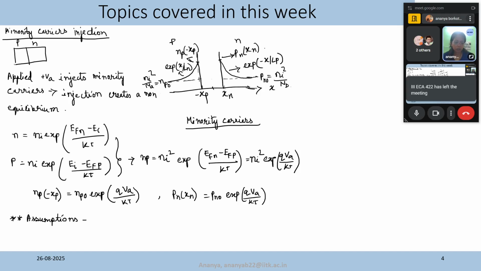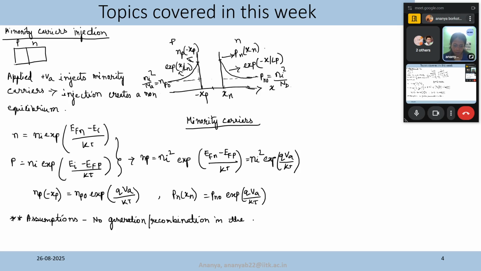So you should know where the assumptions do not work. Here we are considering no generation-recombination in the depletion region, and we are also considering low level injection.